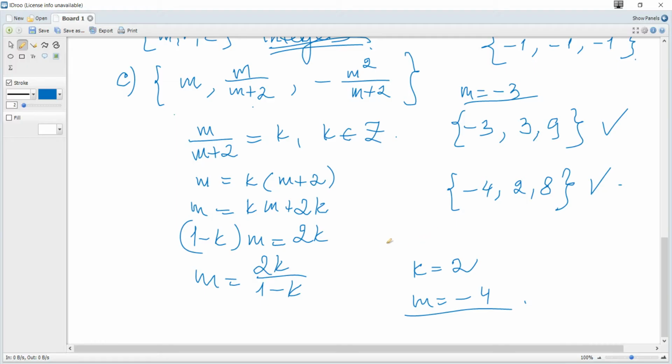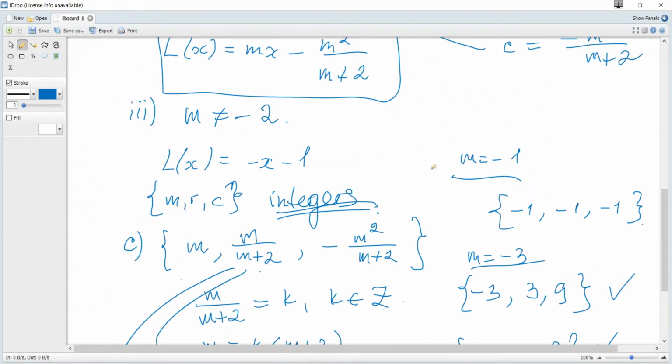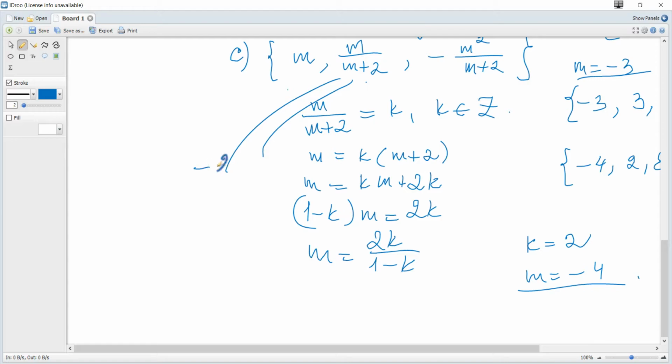There is another way. We know that the second term is also what? Minus 2c over m, and we need another parameter, so we can equate just this.